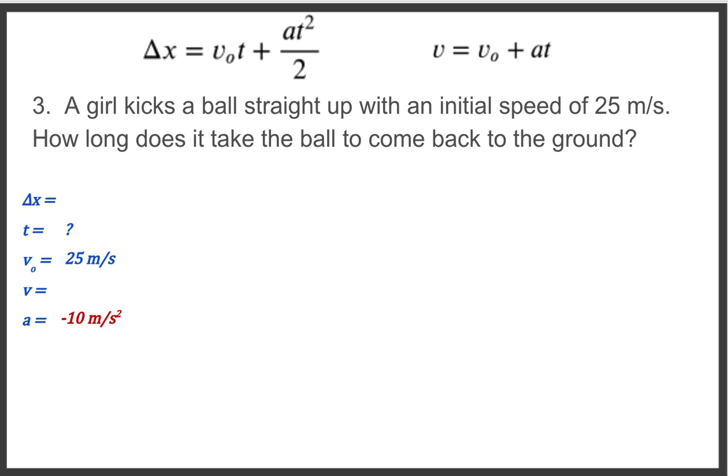Notice how here the signs are going to be really important because the velocity of the ball to start is upwards, positive, but the acceleration direction is negative, it's downward. So the plus and minus signs are going to be very important in this problem.